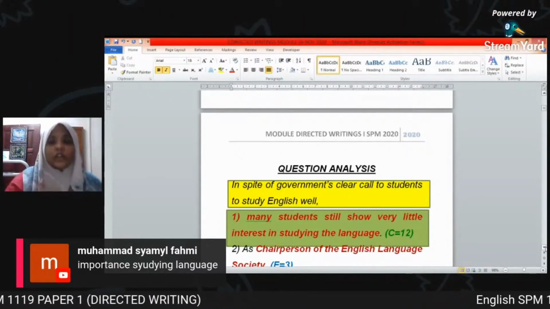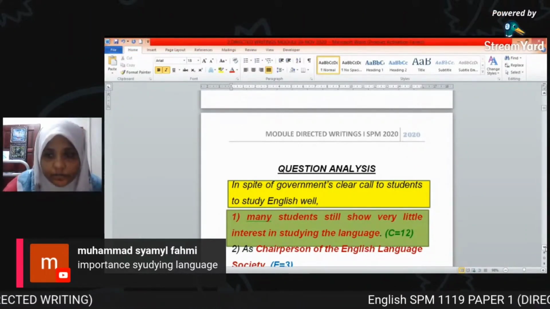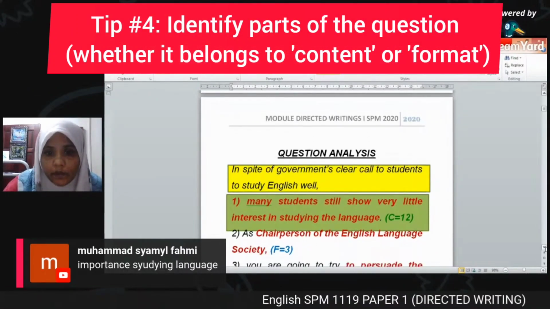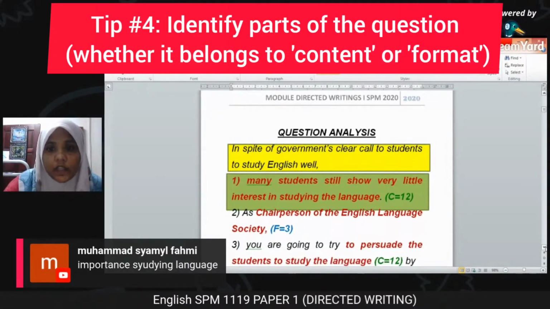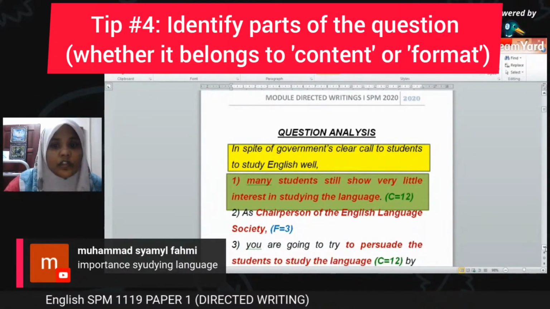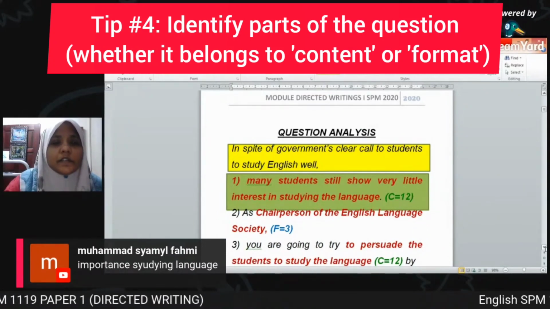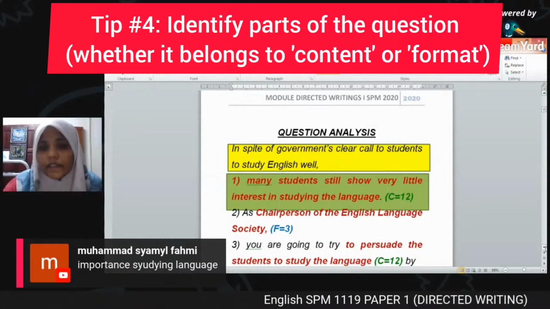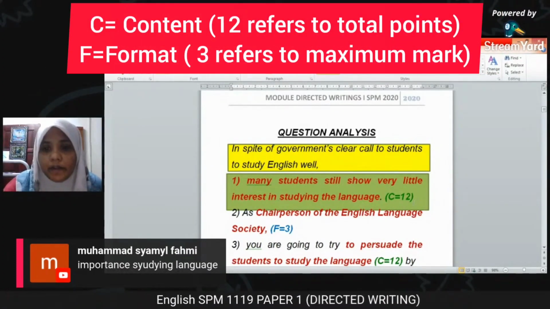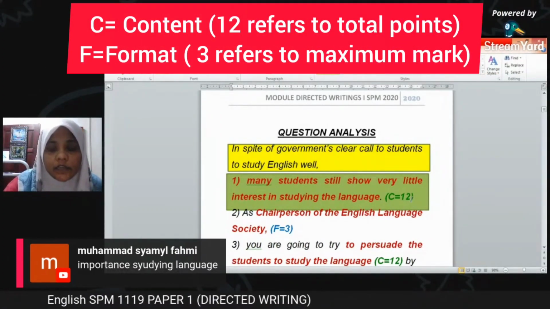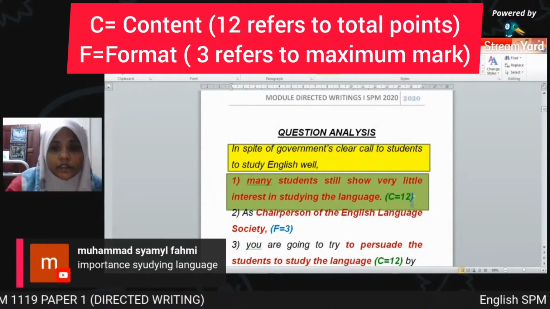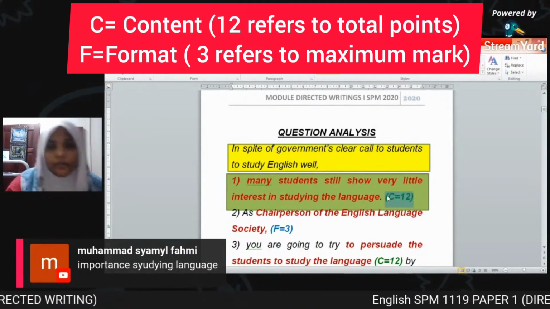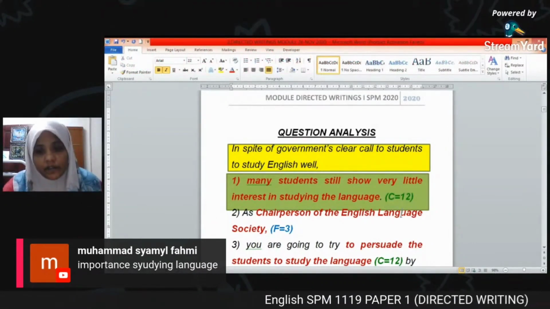This is actually a clue for you to start your essay later. So this is the clue to start your introduction. The second part of the question, many students still show very little interest in studying the language. Now, this is already the content part. Can you see? I put there C equals 12. So this is the content part, already entering the content.